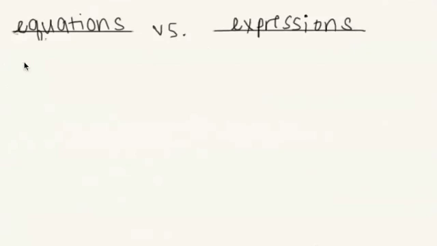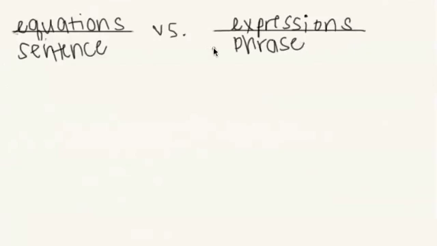We can express one by writing a sentence, and we can also express how we feel by writing a phrase. One of the main differences between the sentence and the phrase is that the sentence has some kind of punctuation, like a period, an exclamation point or a question mark, and a phrase is just a quick thought.